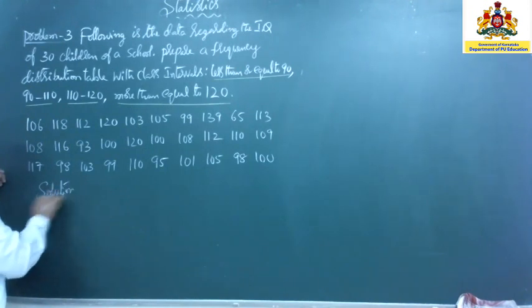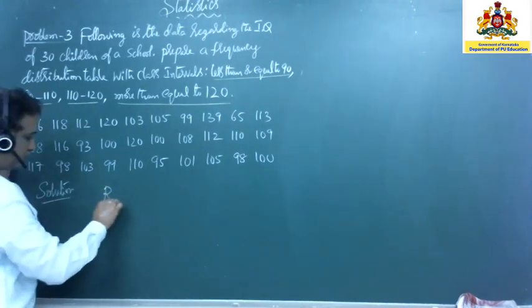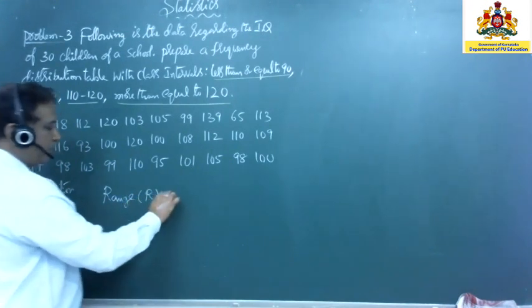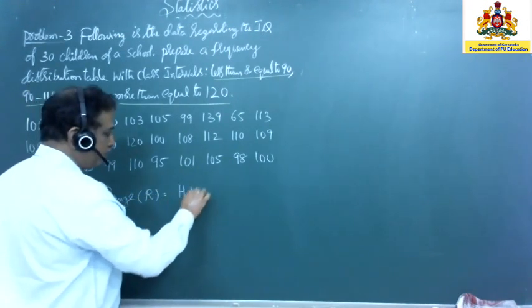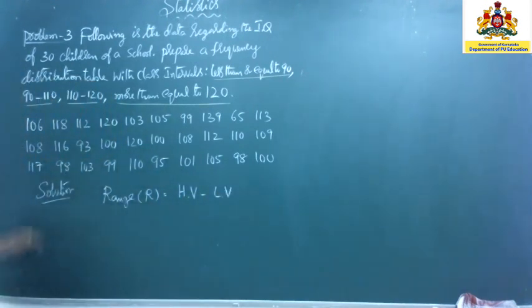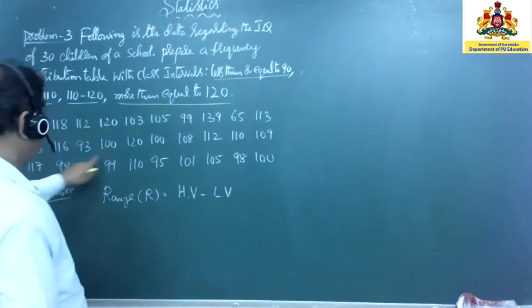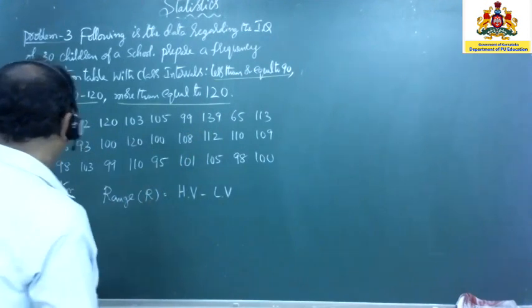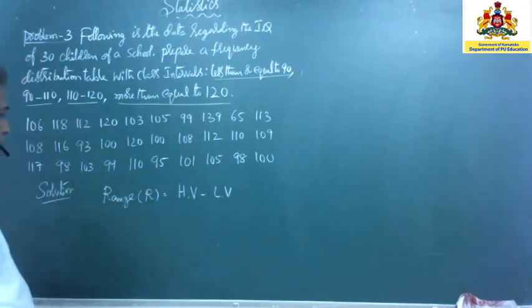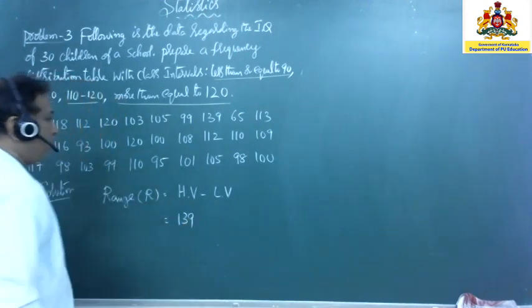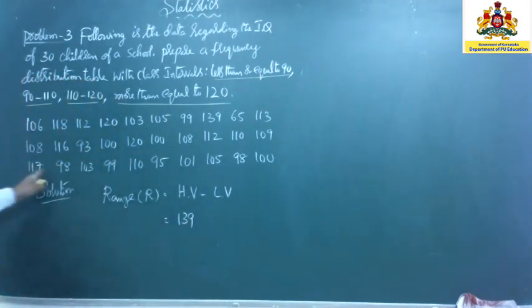you have to find the range. It is not necessary, but you can find out the range: the highest value minus the lowest value. What is the highest value? 139 is the highest value. Next, what is the lowest value?